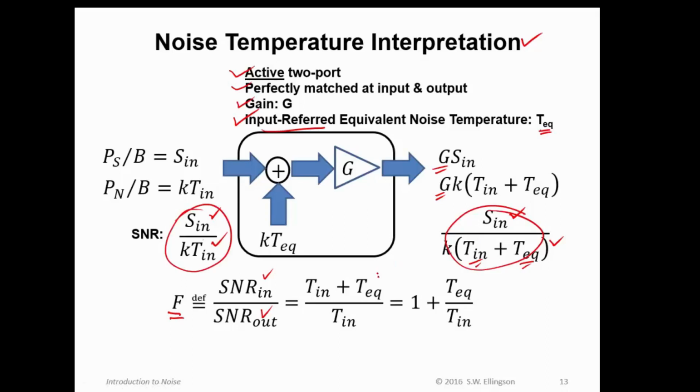We get Tn plus TEQ divided by Tn, and we see that we can rewrite that as 1 plus the ratio TEQ divided by Tn. So this expression tells us how equivalent noise temperature is related to noise figure. So now we have a way to talk about 2 ports in terms of either equivalent noise temperature, this thing here, or noise figure. We can do it either way because we can convert back and forth using this relationship.